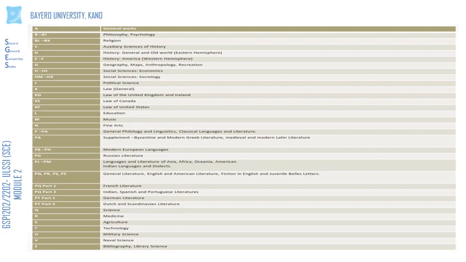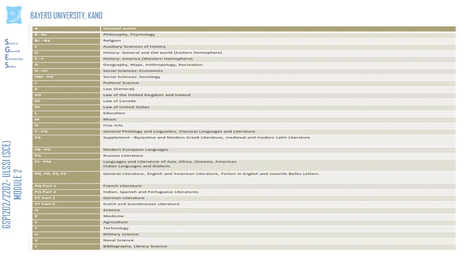We also have PN, PR, PS, PZ as general literature, English and American literature, fiction in English and juvenile literature. We also have PQ Part 1, which is the French literature, PQ Part 2 as the Italian, Spanish, and Portuguese literature. We have PT Part 1 as the German literature, PT Part 2 as the Dutch and Scandinavian literature.